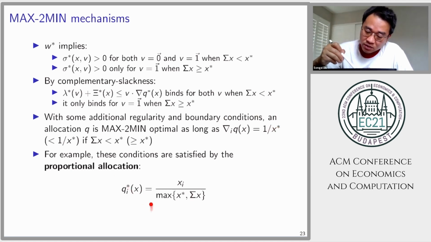But just for the proportional allocation, you can see that in the low region, when the aggregate bid is below the threshold x star, this is of course a linear function. Allocation is a linear function when sigma x is below x star, with exactly the right derivative as required in these conditions.